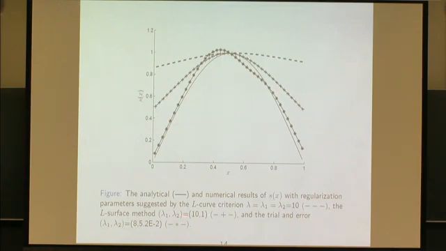Then we use this L-surface method, where you allow lambda 1 and lambda 2 to be independent of each other, and you get 10 and 1 as some typical values. So we got this particular solution. However, this is not optimal, neither of them. In fact, the best solution we could get was this one, which is obtained by trial and error.